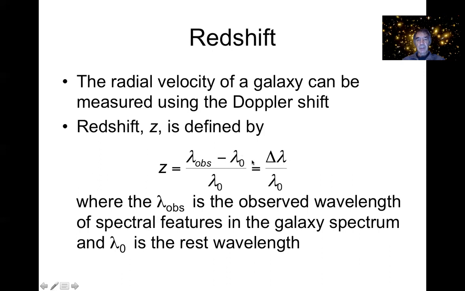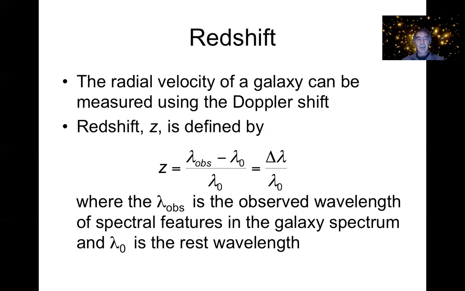So just again, delta lambda over lambda naught, where delta lambda is the observed wavelength minus the rest wavelength, all divided again by the rest wavelength. Here we're going to define this term as Z, the redshift of the galaxy.